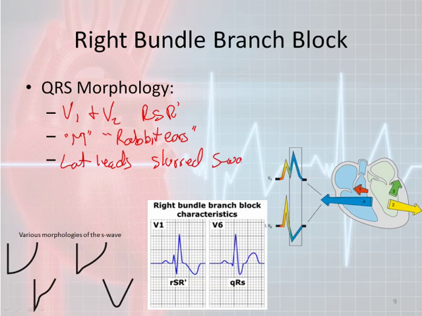S wave. Now, if you remember, an S wave is part of the QRS complex that follows the R wave but then travels below baseline. It has to travel below baseline for it to be classified as an S wave.